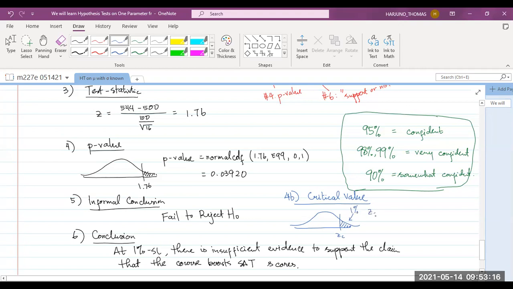So the critical value is inverse norm of 0.99. I believe that's 2.32635.